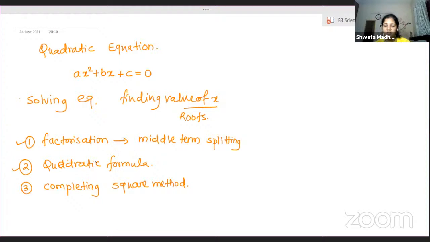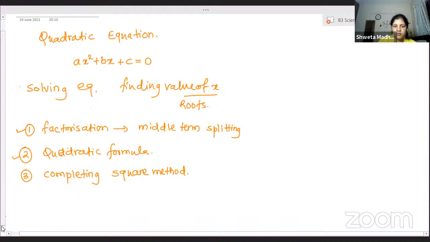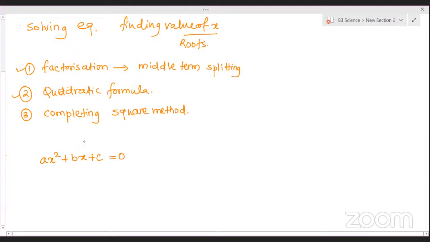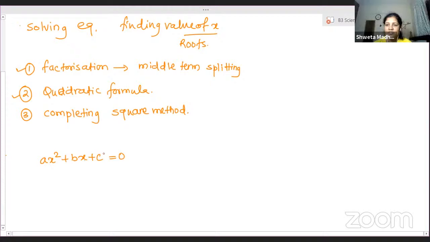Okay. Now I will explain what the quadratic formula is and how to solve by using it. Suppose the equation is in the form ax square plus bx plus c equal to 0. Now what are a, b, c? a is the coefficient of x square, b is the coefficient of x, and c is a constant number.